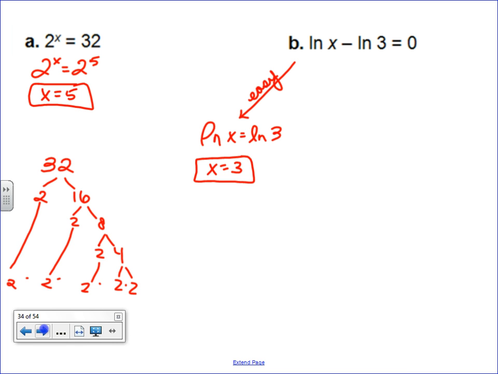Is there another way that we could have done it? Did anybody think of any other properties? David? Quotient. Yeah, maybe I could combine them and say, all right, well, this one's harder, still possible, but harder. I could say ln of quotient property, x over 3 equals, now what?